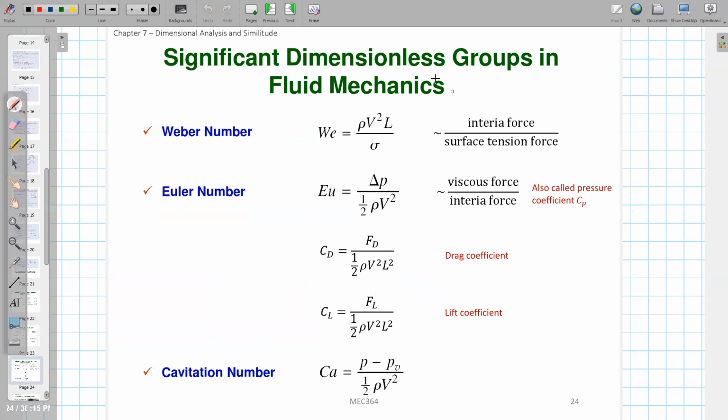And there are definitely other kinds of dimensionless parameters, but they are for individual specific fields.